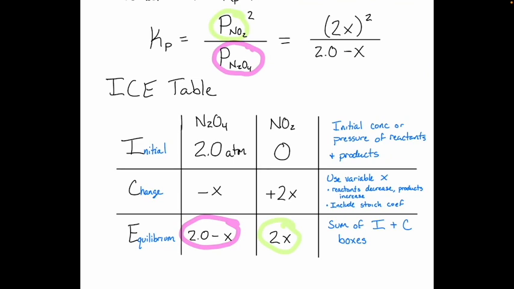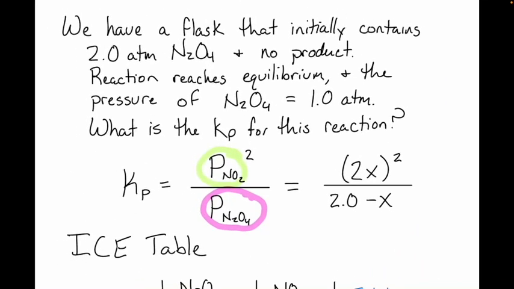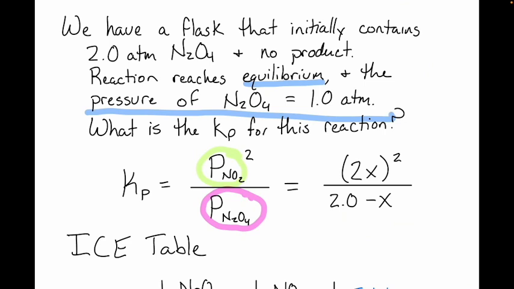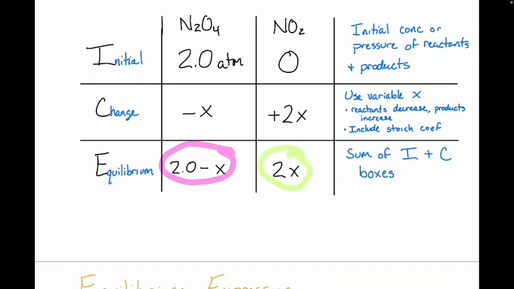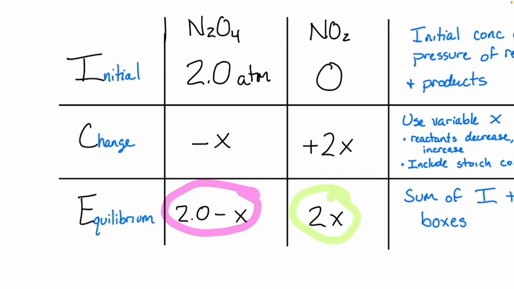Okay? So now if I can figure out what x is, I'm done and I can solve for my equilibrium expression. So in this particular problem, we just need to read back through our problem carefully. We are given the fact that at equilibrium, the pressure of my reactant, my N2O4, reaches 1 atm. So which one of these boxes here is equal to 1 atm? Which color?